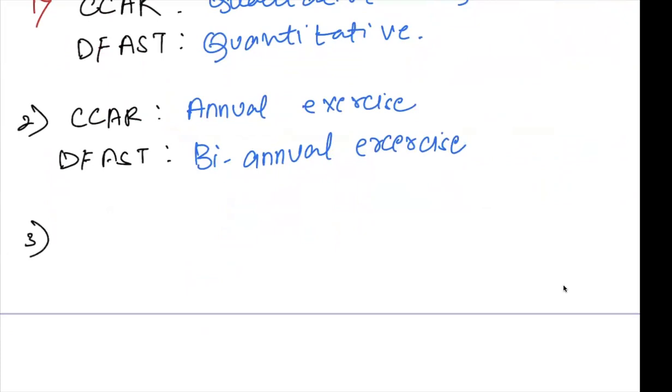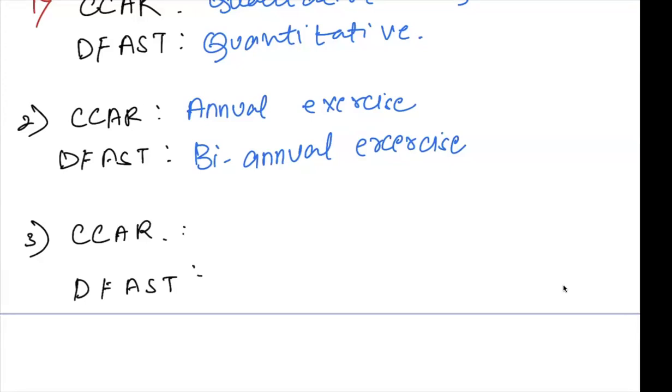Third is regulatory impact, which basically means CCAR can directly influence a bank's capital distribution plan based on the Federal Reserve approval or objection, whereas DFAST primarily assesses capital adequacy.